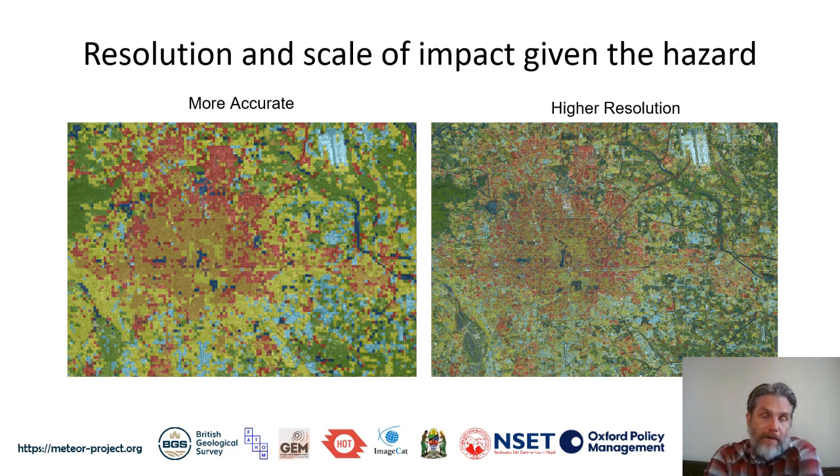The aggregated data is going to be more accurate in terms of the number of building estimates and the distribution of buildings, because obviously if you're trying to distribute buildings at this tiny speckled level, you're going to barely have a building to distribute, for example. And because of essentially the law of large numbers, it's going to give you a higher accuracy for this aggregated area. But the image on the right is going to have higher resolution.